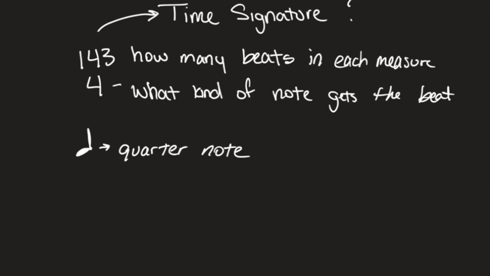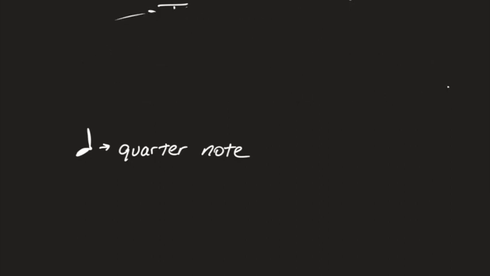Why would a 4 tell us that a quarter note gets the beat? Hold on, let's try something. What happens if I turn our time signature into a fraction? So if I put 4/4 and I put a line through it, how would we read that as a fraction?